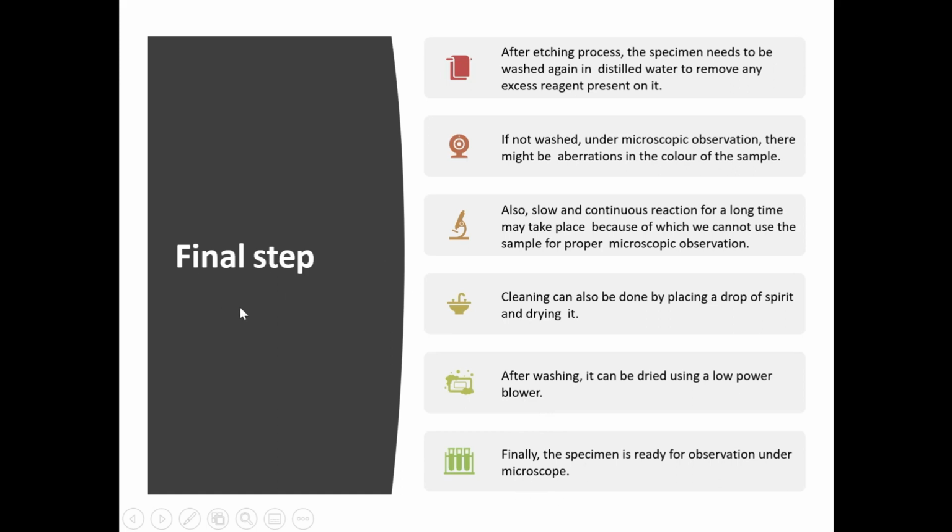So in the final step, you have to remove the specimen from the etching material, and then it is thoroughly washed and dried. For drying and cleaning, you may use a dryer or low speed blower. Also you can apply spirit on the surface for drying it, which will lead to the final observation under the microscope.